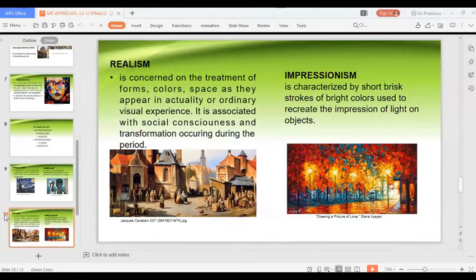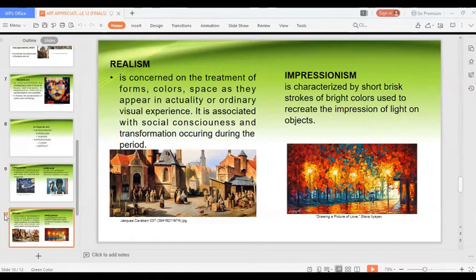We also have impressionism. Impressionism is characterized by short, brisk strokes of bright colors used to recreate the impression, this time the impression of light on objects. It describes a style of painting. Actually, it developed in France during the mid to late 19th century. So here, it gives emphasis on the accurate depiction of natural light.